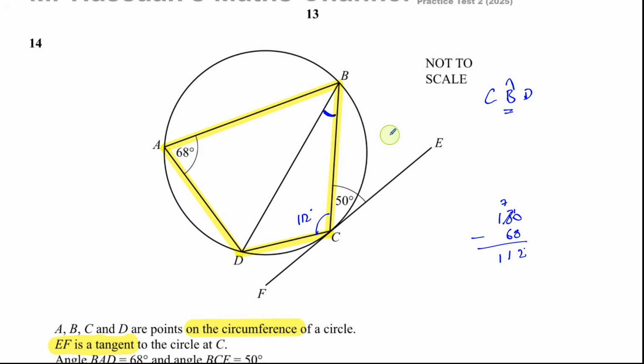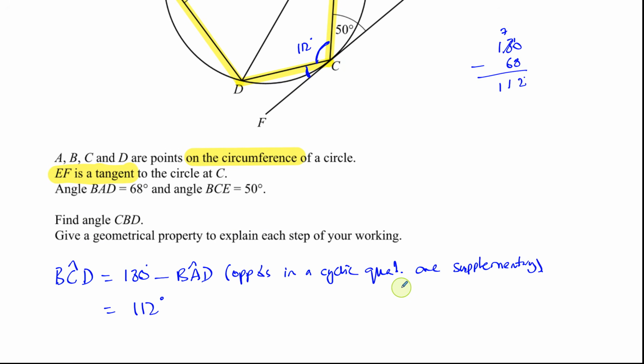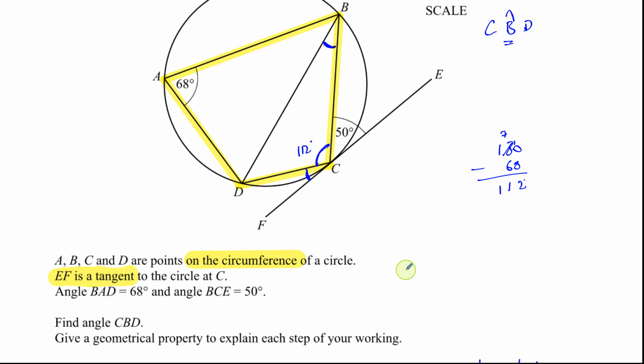Now we've got this angle here. How's that going to help us? There's two things we could do now. One of the ways is to find the angle over here, angle FCD. We know that angle FCD, angle BCD and angle ECB all add up to 180 degrees because they're on a straight line. This is a tangent, which is a straight line.